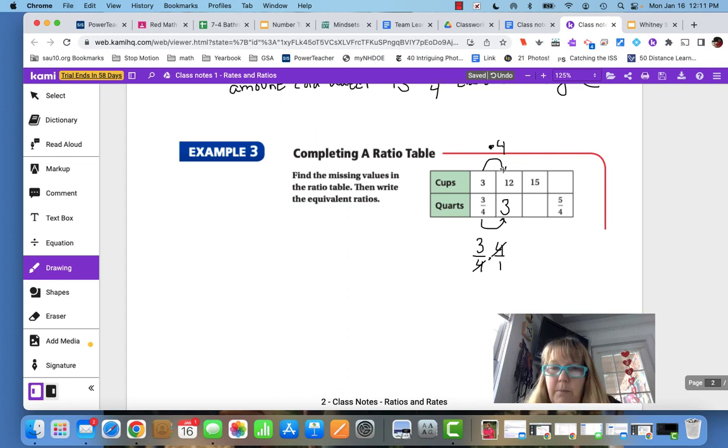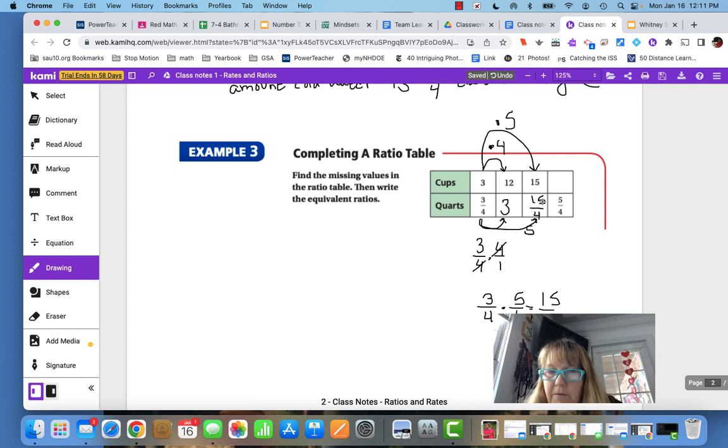The book actually has you adding, and I'm not a really big fan of ratio tables and adding. Since these are all proportional relationships, we're going to say, how do we get from 3 to 15? For that, I have to multiply by 5. So I'm going to take 3/4 and also multiply it by 5. 3/4 times 5 gives me 15/4.